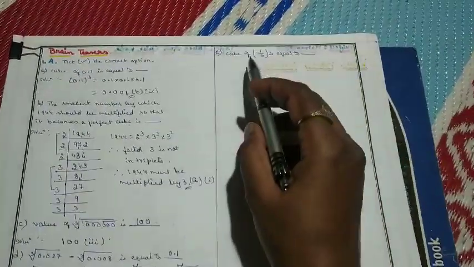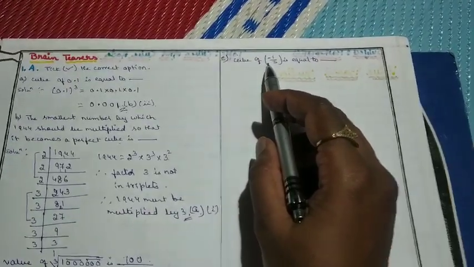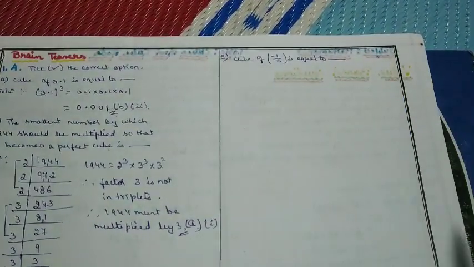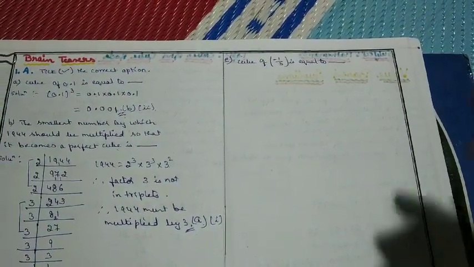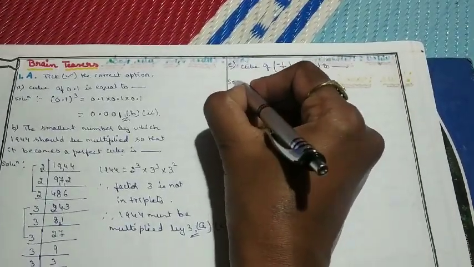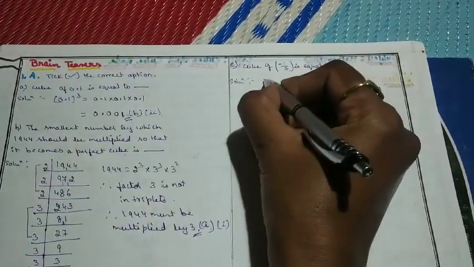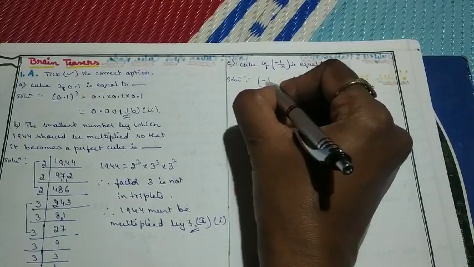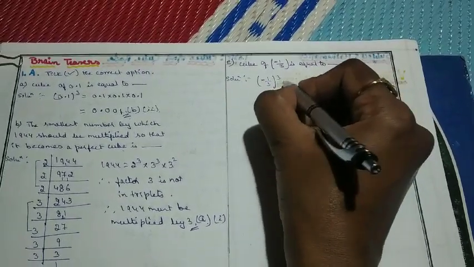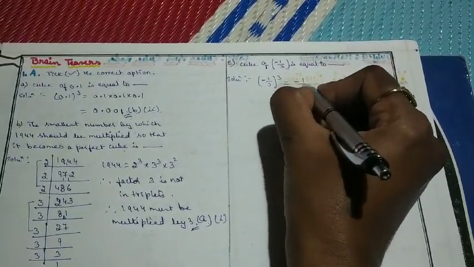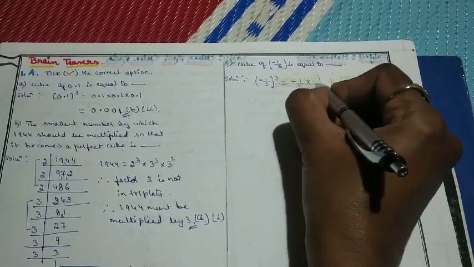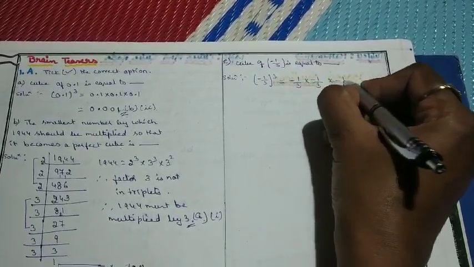The question asked is the cube of minus 1 by 3 is equal to. So here it is asking the cube of this number, and the rational number is negative, children. So (minus 1 by 3) whole cube is asking, which is nothing but minus 1 by 3 into minus 1 by 3 into minus 1 by 3.